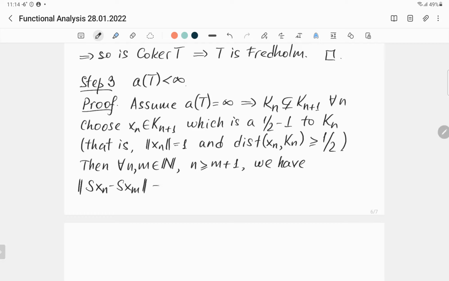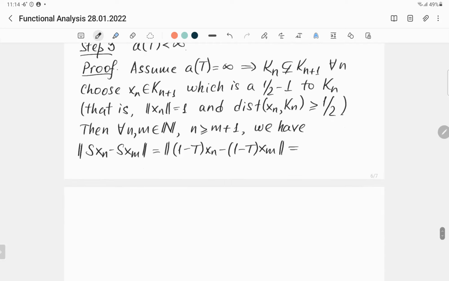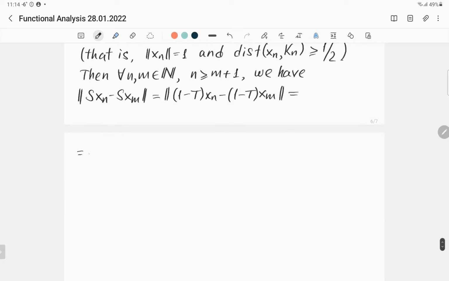Well, what is this? S is 1 minus T. So this element can be written as follows: xn minus Txn minus xm plus Txm.